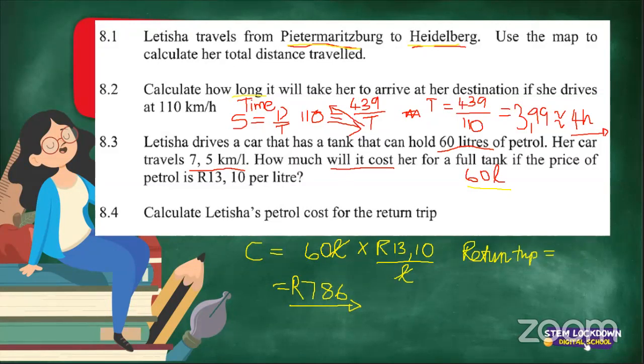Okay, one-way trip is 439, so for the return trip it must be times 2. So you have 439, which is a single trip, times 2.